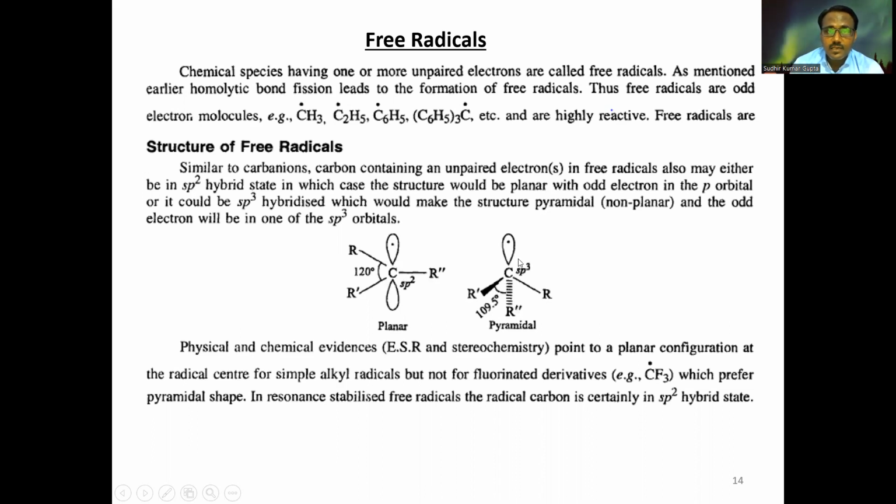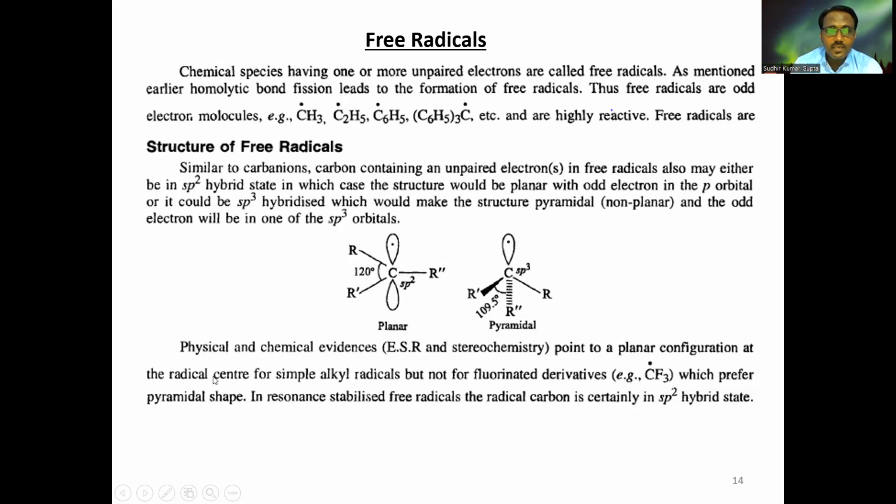Here the unpaired electron will be in the fourth sp3 hybrid orbital. So it can have sp3 or sp2 hybrid structures both. It can be planar or it can be pyramidal. The physical and chemical evidence for this structure has been obtained from ESR spectroscopy.